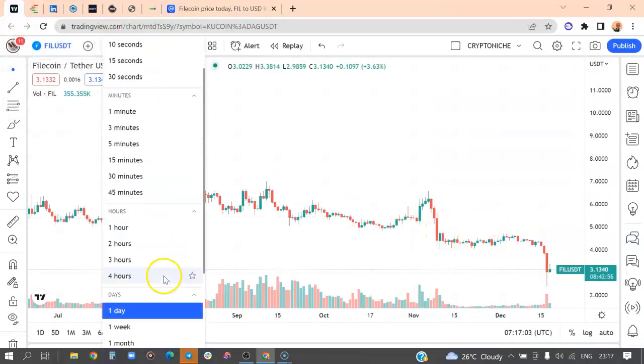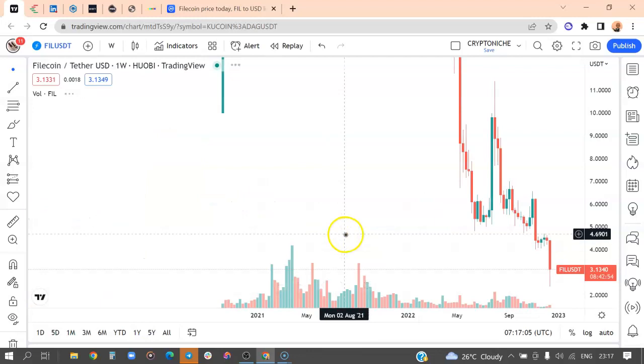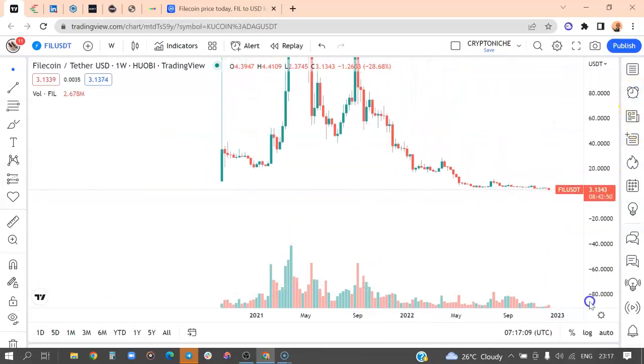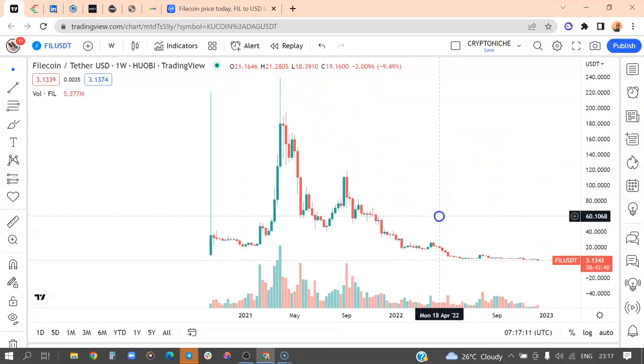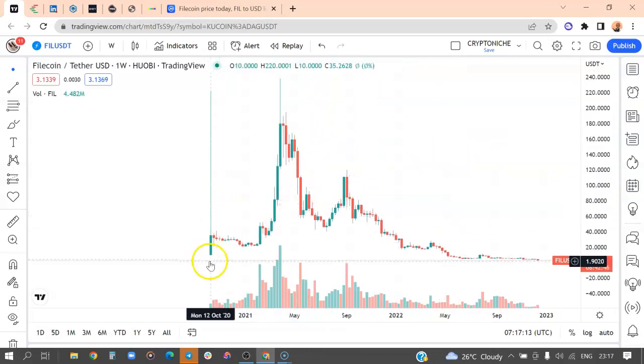I'm going to load the weekly charts on Filecoin, so you all can have an overview. So Filecoin was probably listed on OB in October 2020. Okay, more than 2 years ago now on OB.